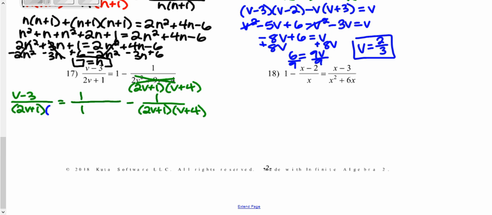So this one would need a v plus 4, which means the numerator also needs that. The next denominator actually needs both parts. So does the numerator. And then the last one doesn't need anything because it already has both parts of the denominator.